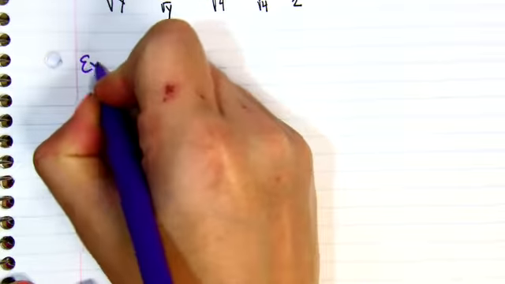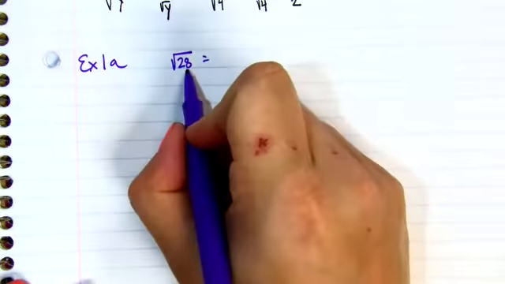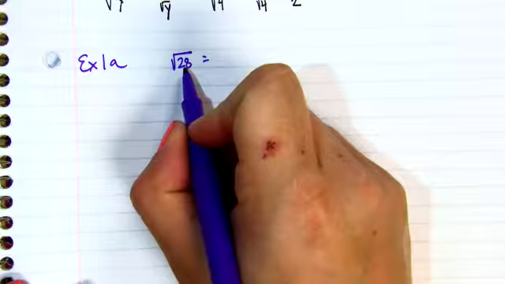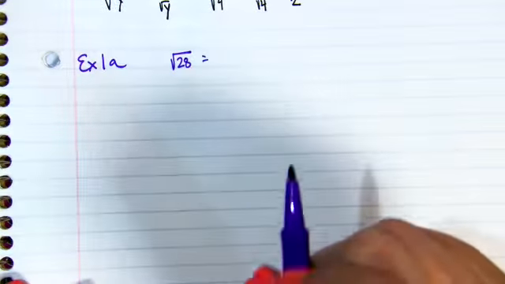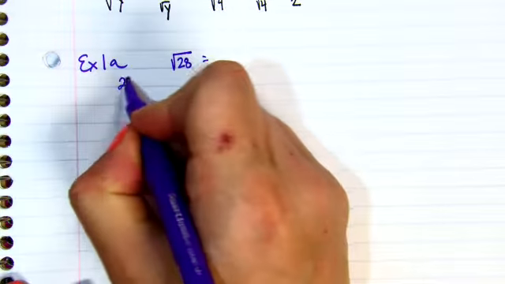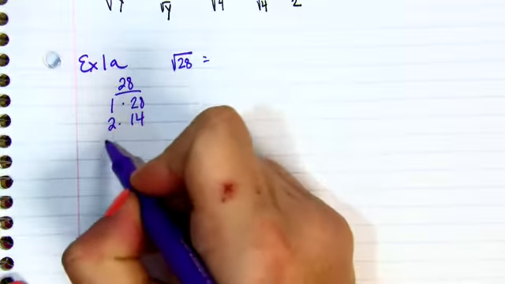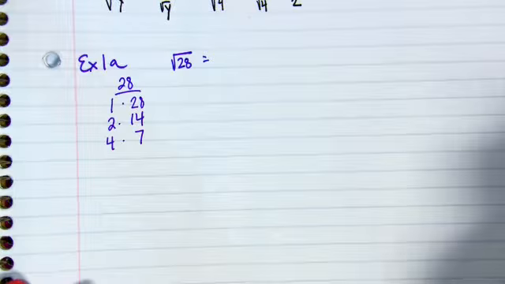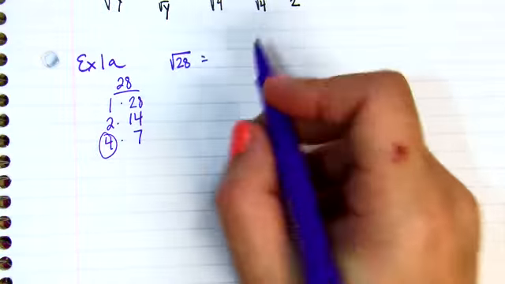So for our first example, we're starting off with just a couple of numbers. Example 1a, if I had the square root of 28, I'm going to think about the factor pairs of 28 and try and figure out if there are any square numbers inside of 28. So if I listed the factor pairs, it's 1 and 28, 2 and 14, 4 and 7. 4 is a square number, so that's what I'm going to want to use to simplify this.